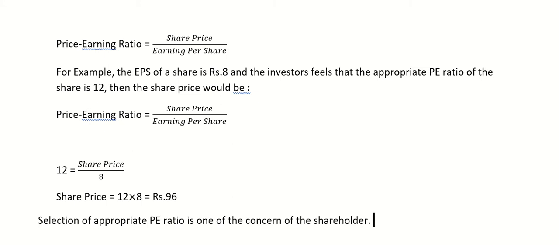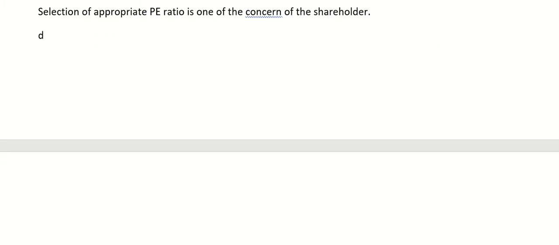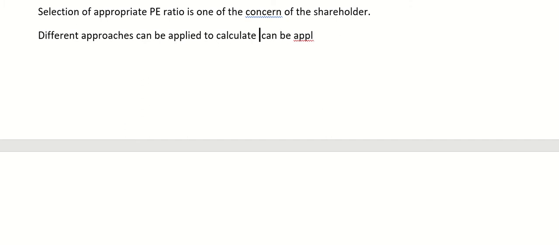So this is one of the concern of the shareholder, that what should be the price earning ratio. So different approaches may be adopted for the determination of PE ratio. So how do we calculate PE ratio? Different approaches, sorry, not ratios, different approaches can be applied to calculate PE ratio.